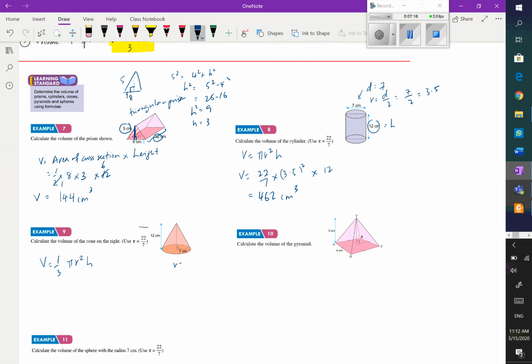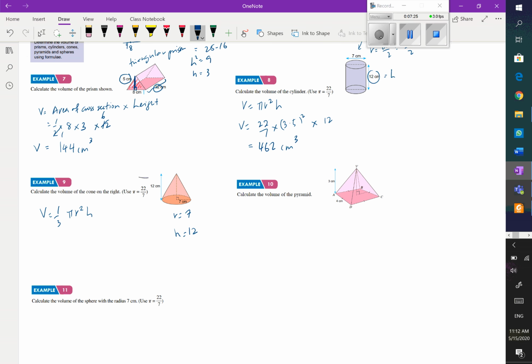Radius dengan 7. Tinggi, ingat tinggi adalah tinggi yang tegak bukan slanted. Tinggi diberi 12. Boleh tak masuk terus formula? Boleh, semua dah ada. 1/3 darab pi darab 7 kuasa 2 darab height 12. Masuk kalkulator. Dia dapat 616 cm cube.